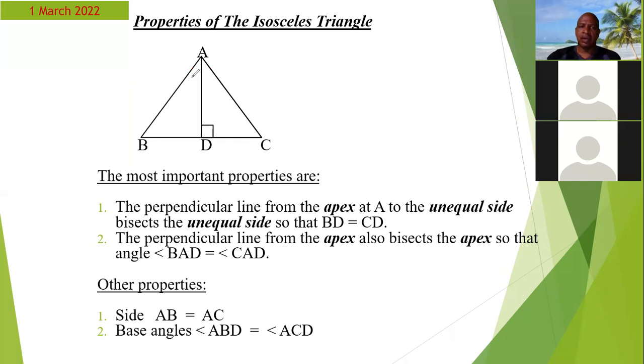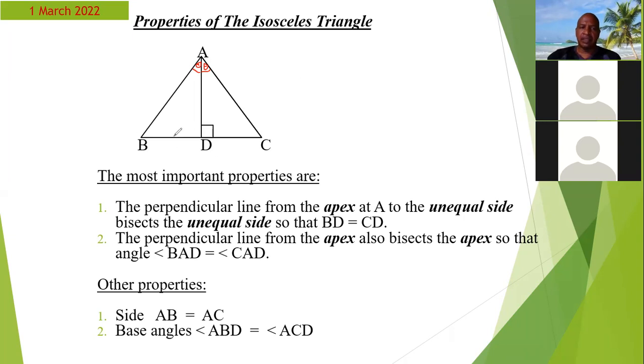So up at the top here, where we have the apex angle split into two, the left side of the apex angle and the right side of the apex angle would actually be the same size angle. If you call that side theta, then the other side is also theta. So that would be the apex angle.